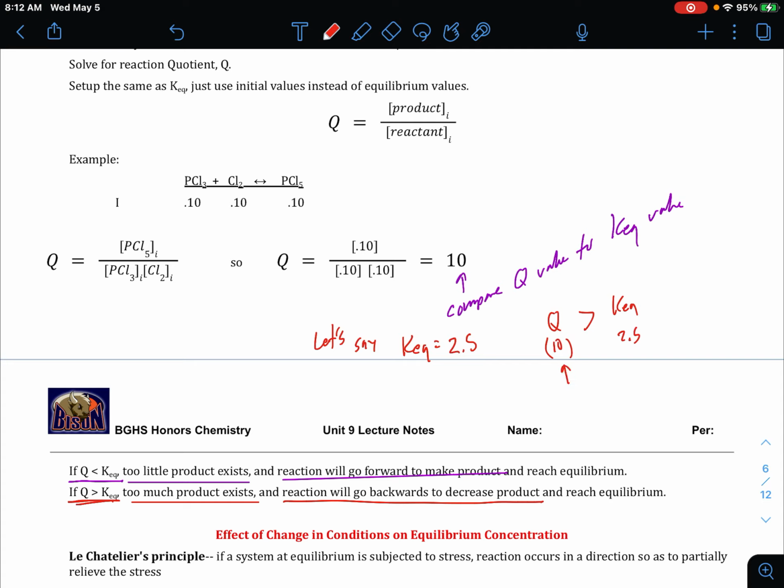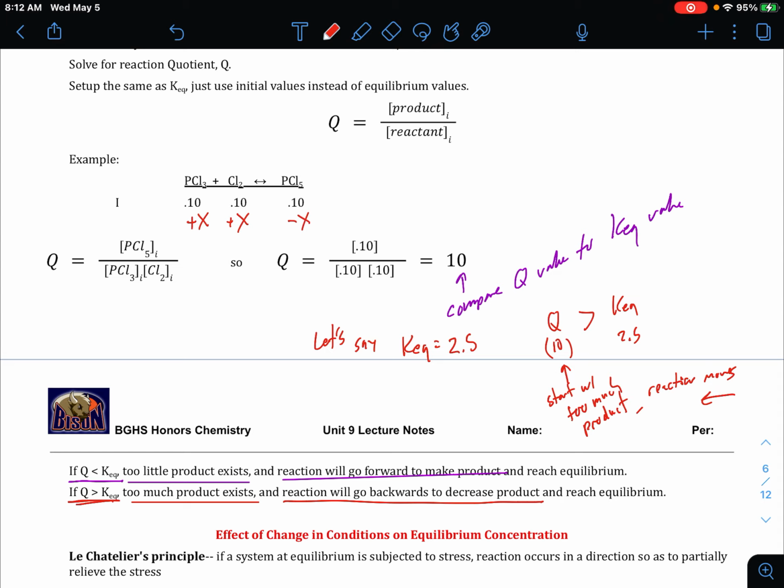So that means we're starting with too much product. And therefore, the reaction will go backwards. So if it moves backwards, that means in your ice table, you will be adding to the reactant side, and you will be subtracting from the product side.